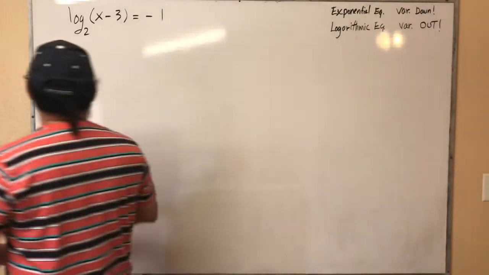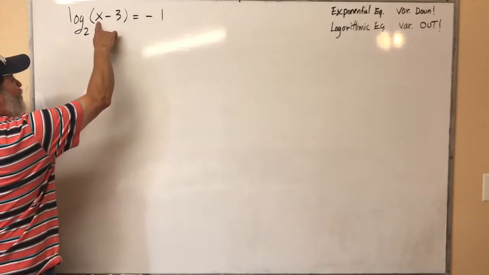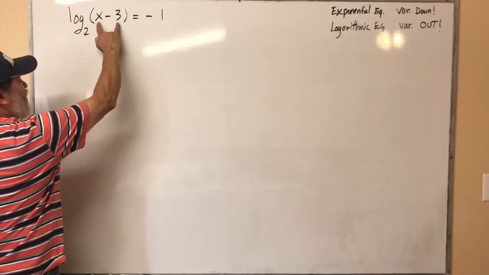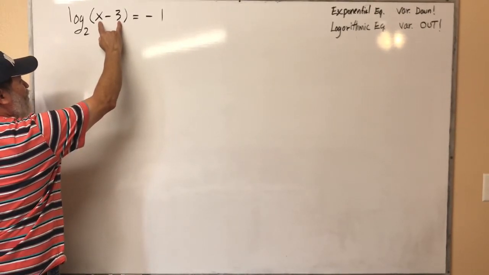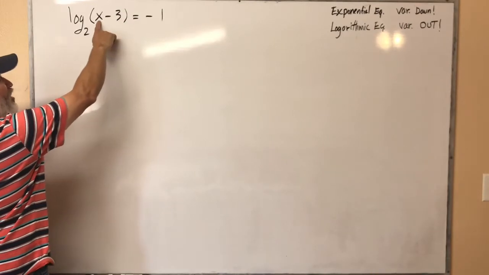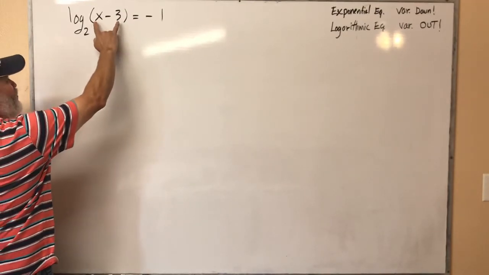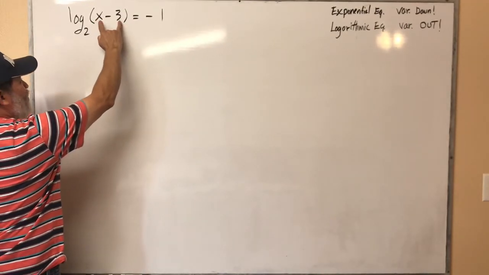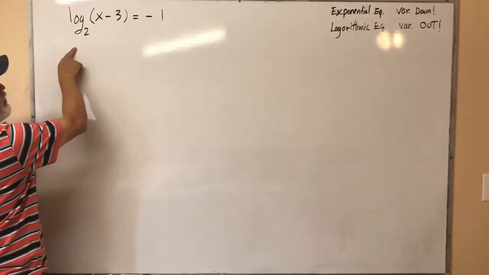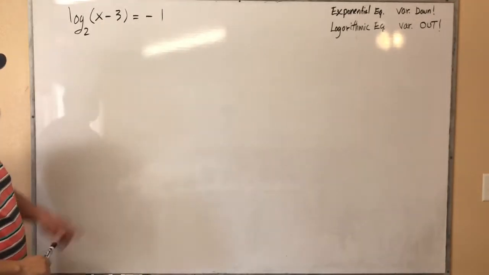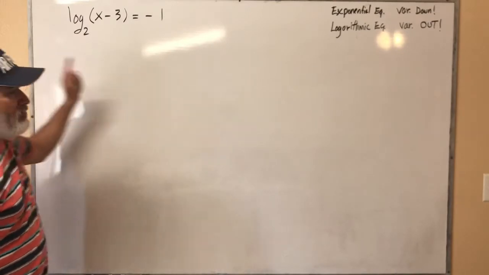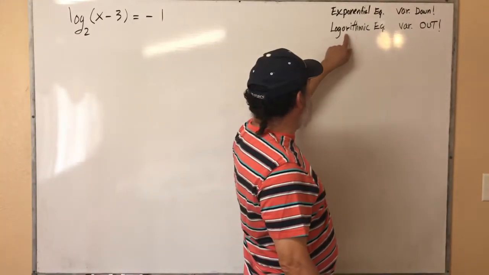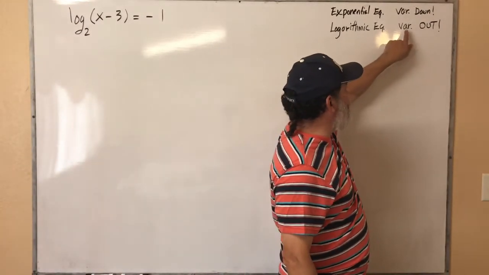Look! You see this variable is part of this binomial. If you're going to solve, you need to get this binomial out from the logarithm. So variable out. For logarithmics, you need to say variable out.